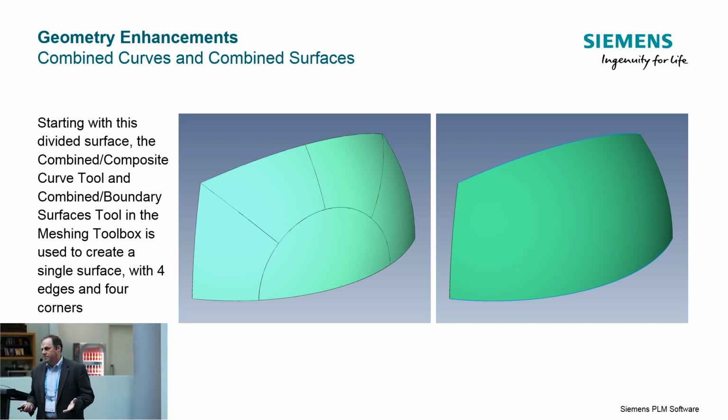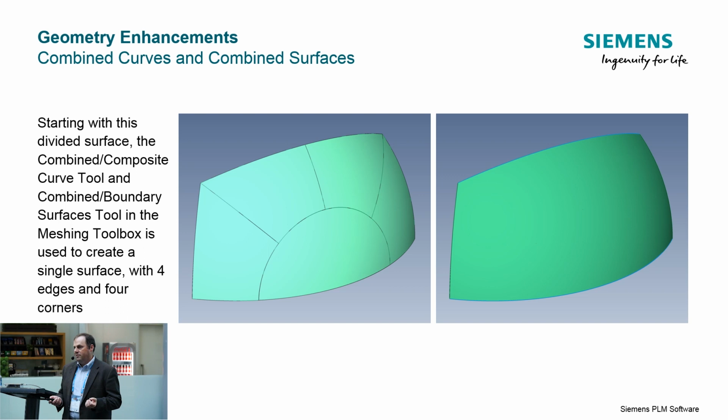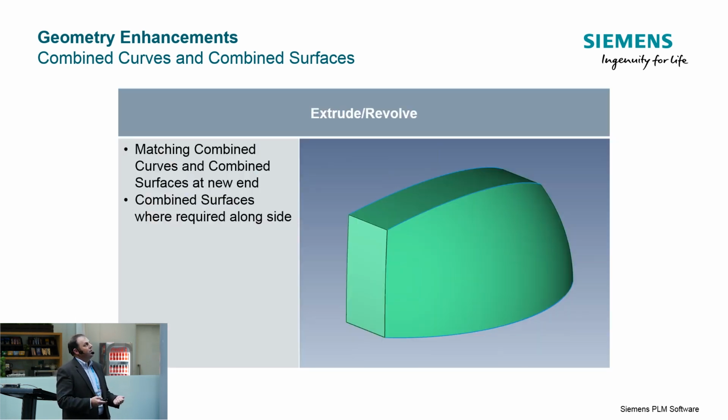In previous versions of Femap, you would not have been able to really do anything with this surface other than mesh it. Now you can extrude or revolve that surface into a solid.